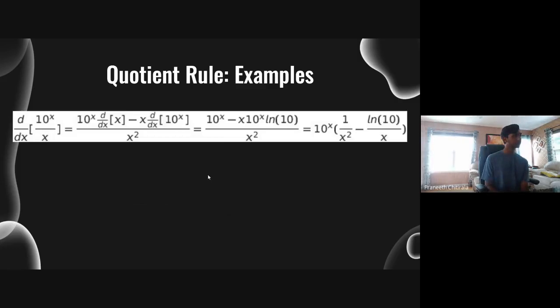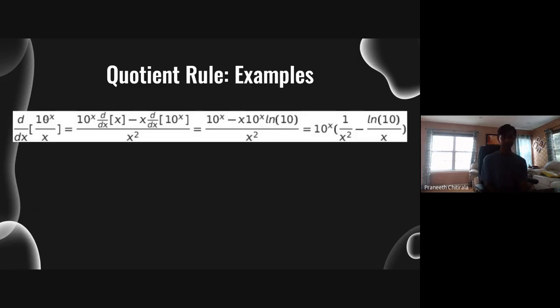So let's look at some examples here. The derivative of 10 to the x power over x. So 10 to the x is the numerator function, and x is the denominator function. So remember the exact positions of where each function should go in the derivative.